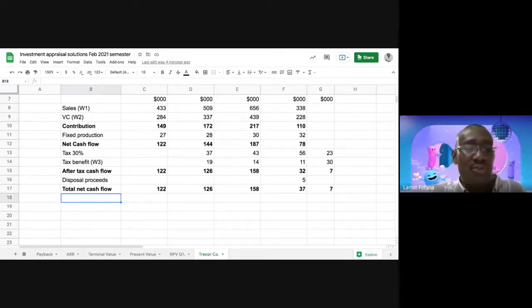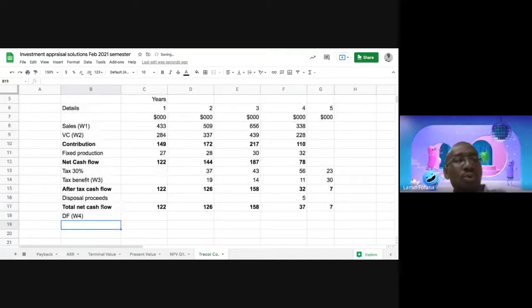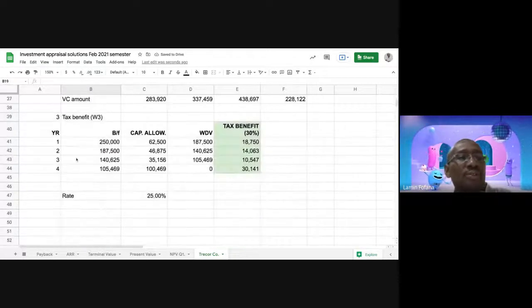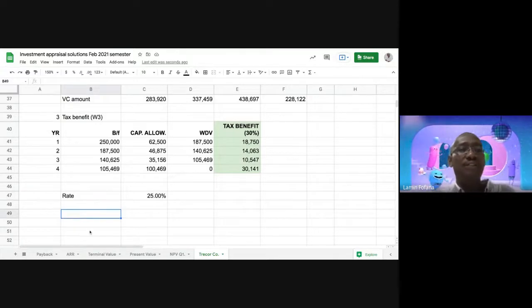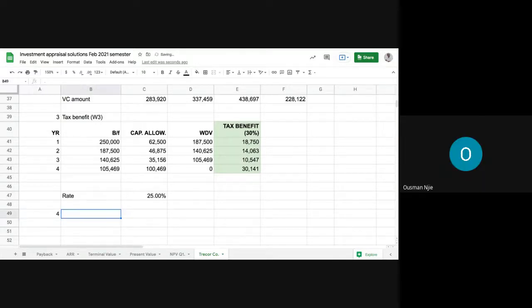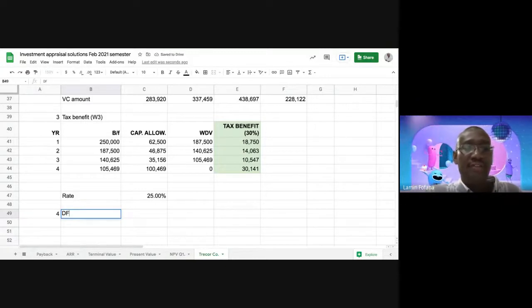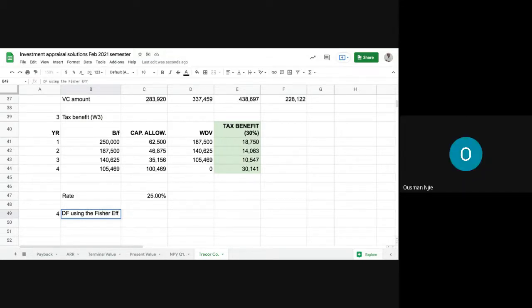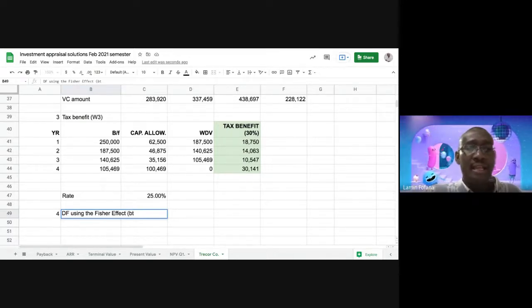So I will say DF, discount factor, in brackets working 4. So this is working 3, and we're going to do working 4. I'll say DF using the Fisher effect, which was by a scientist.